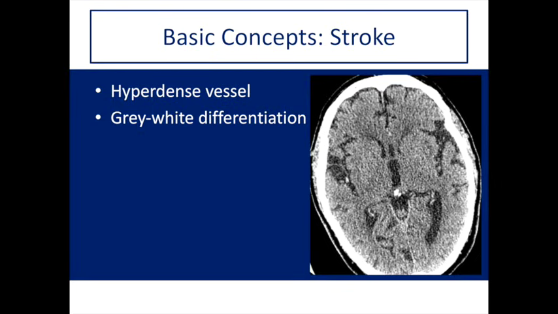In acute ischemic stroke, the cells in the gray matter distal to the occlusion are deprived of blood supply. As a result, they can't function, they can't make ATP, and their sodium-potassium ATPase stops working. As a result, the cells themselves swell up, what we call cytotoxic edema.